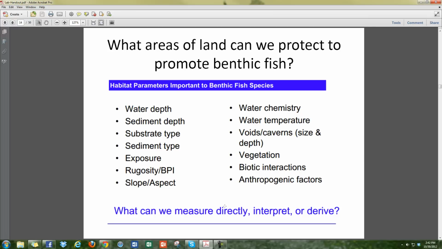So what can we measure here directly to interpret and make our models? Of course we can't model every single parameter, but we're going to try to model as many of the most important parameters as we can in order to map our fish habitat.